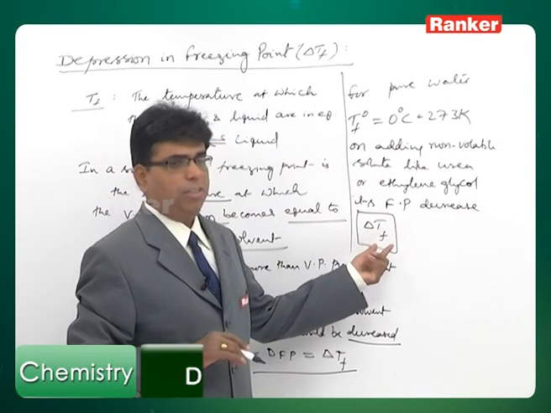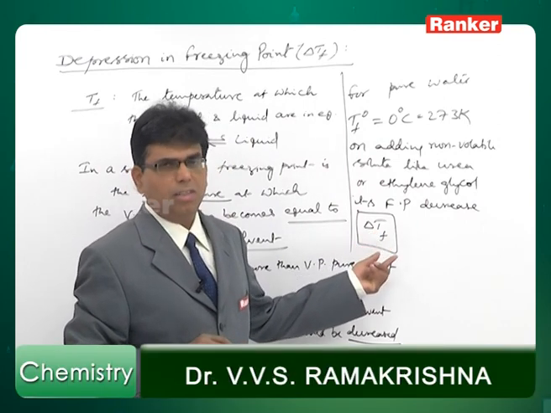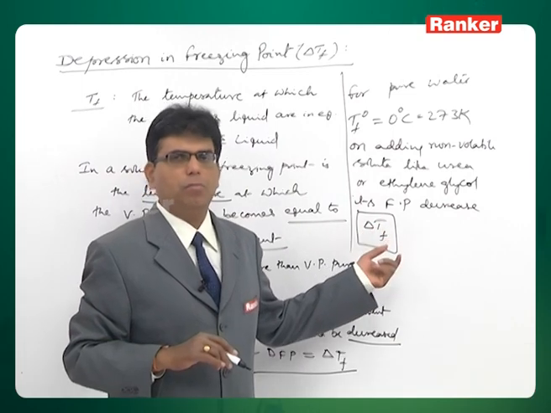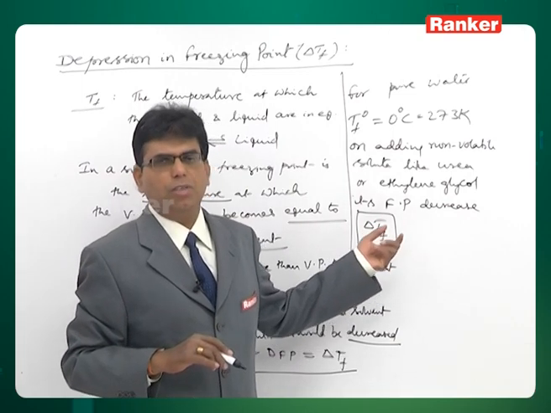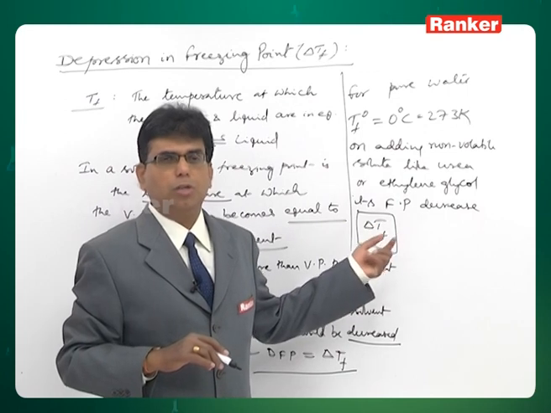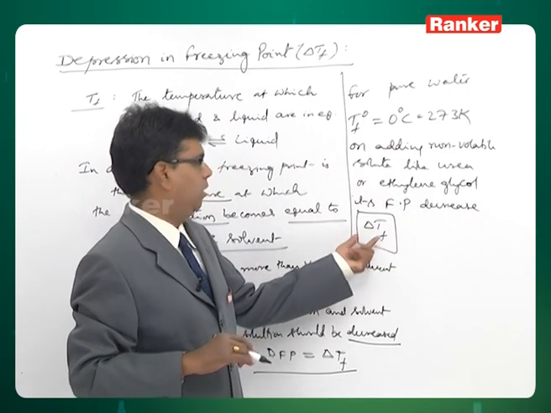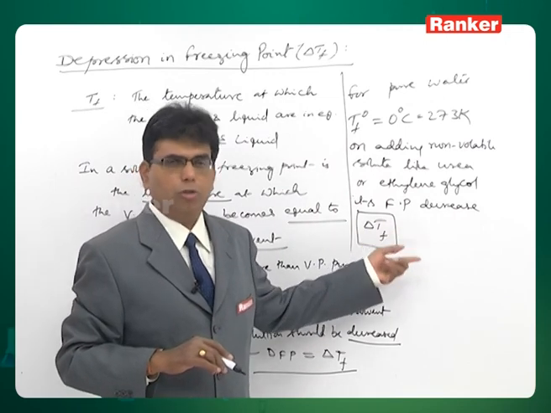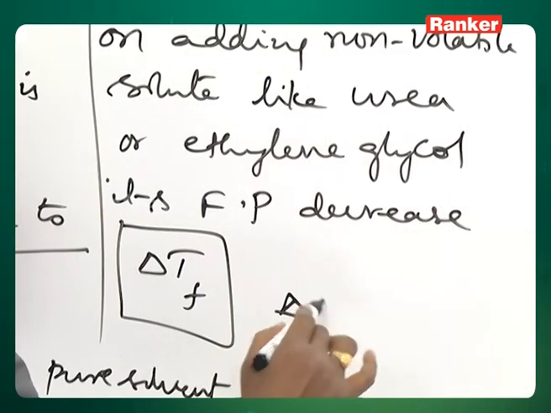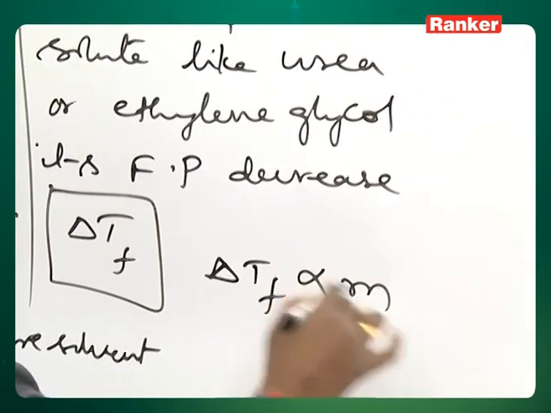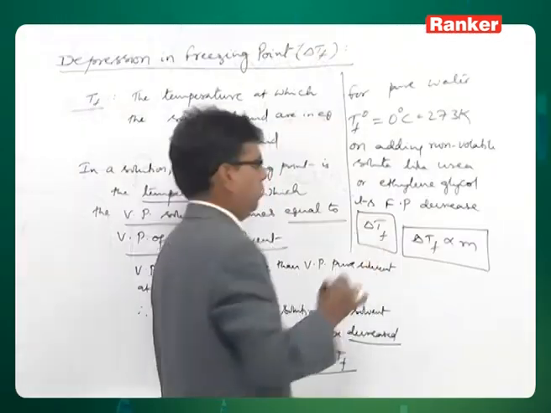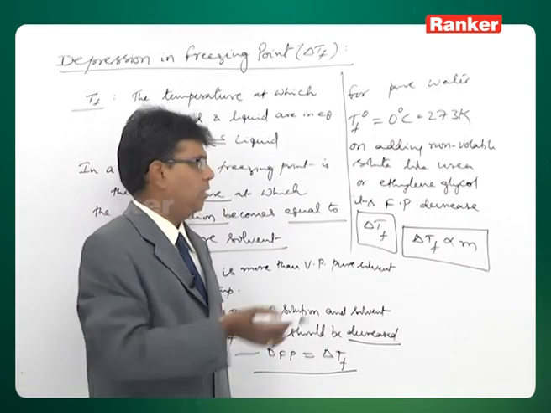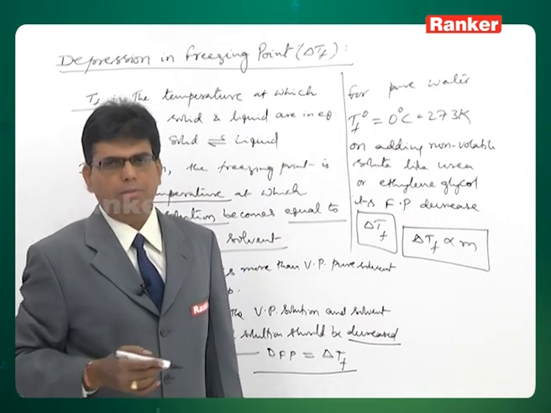This delta TF relation to concentration again we see with respect to graph, like in the case of elevation in boiling point, with the help of a graph, the way that we explained that delta TB is proportional to molality. Same way again here we get the relation that delta TF is also proportional to molality, that in the graph we see now.